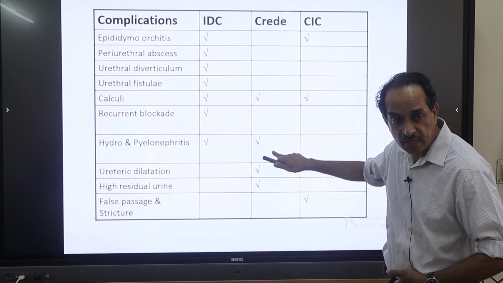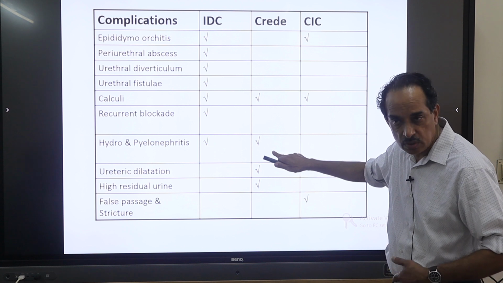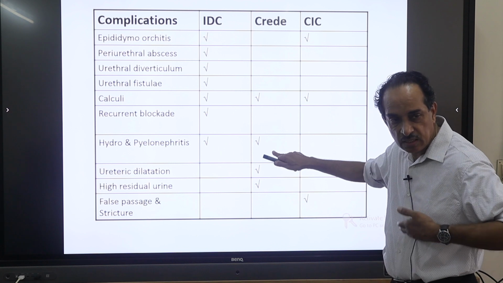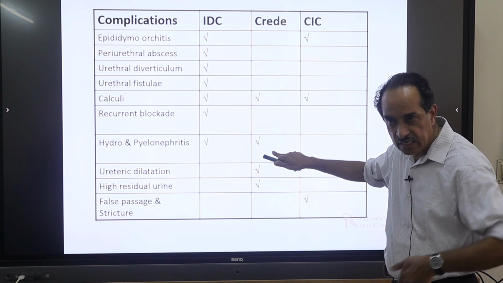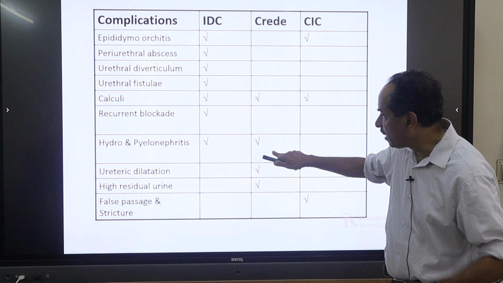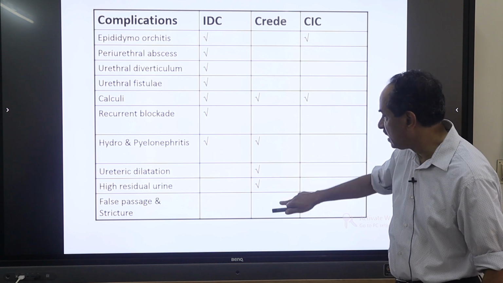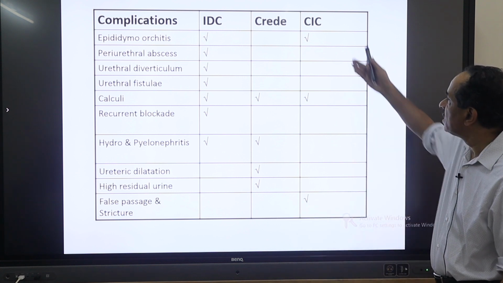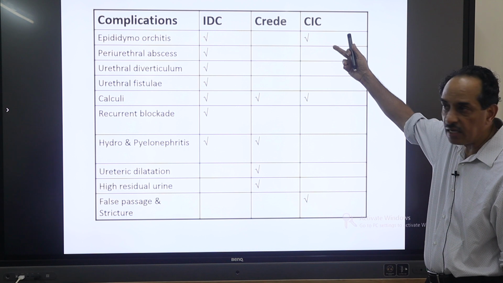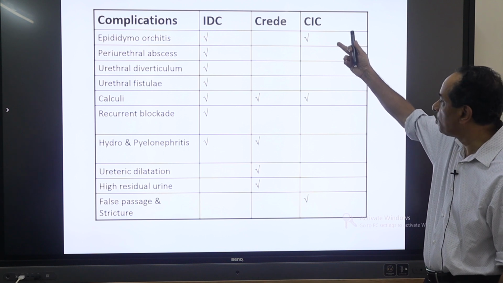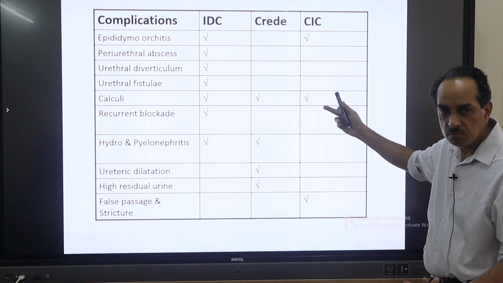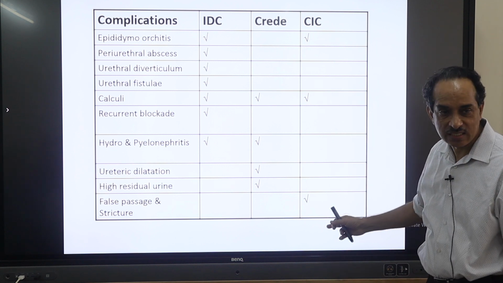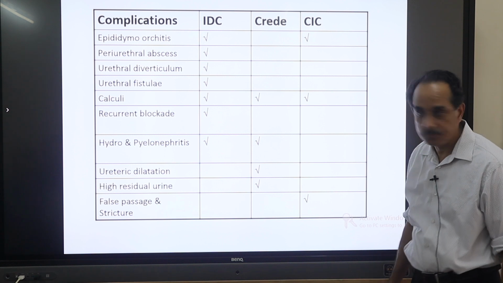The pressure that you put mechanically with your hand, some of the pressure may be successful in bringing out some urine, but the pressure that the ureterovesical region and the backward pressure produces ureteric dilatation and high residual urine and renal complications and failure. Intermittent catheterization, of course, if it's not very careful, you may get epididymo-orchitis, calculi, if there is not a lot of storage time, and false passage and stricture because there is no sensation. Next one.